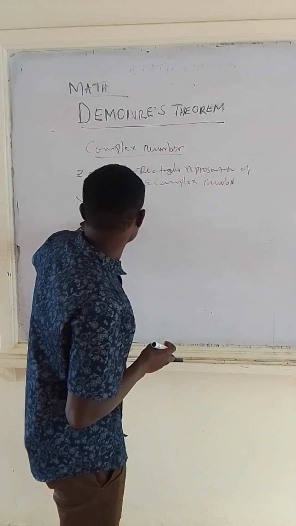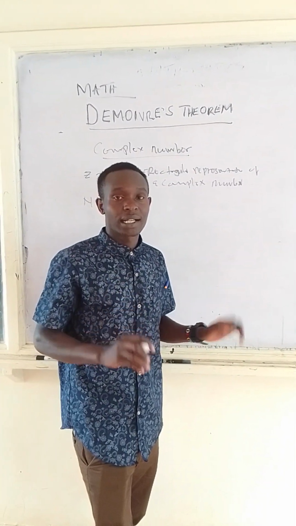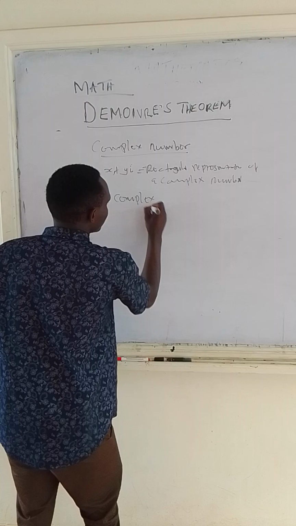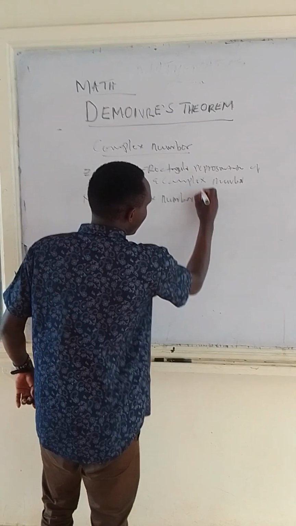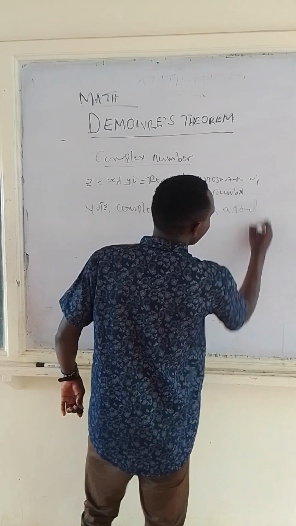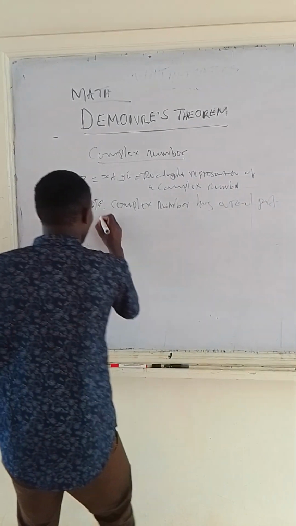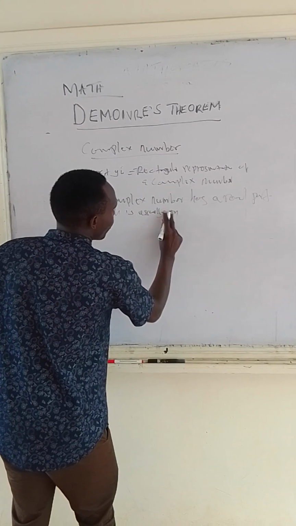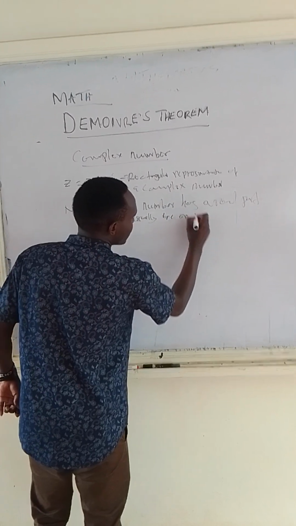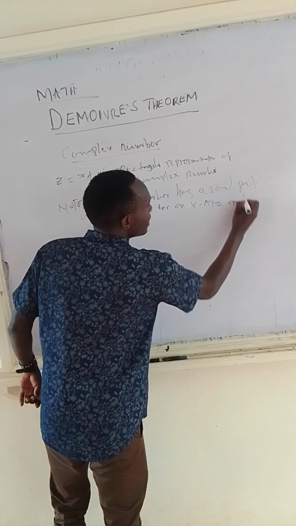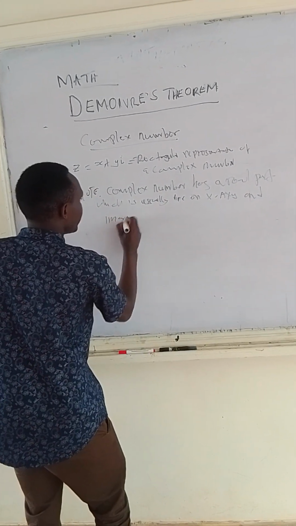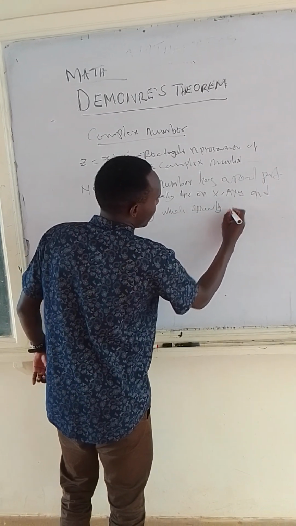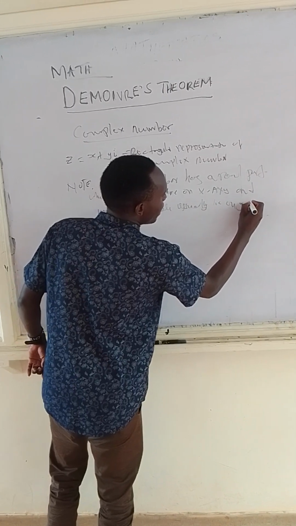We also note that a complex number has a real part and an imaginary part. The real part usually lies on the x-axis, and the imaginary part usually lies on the y-axis.